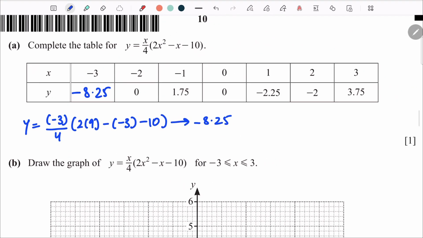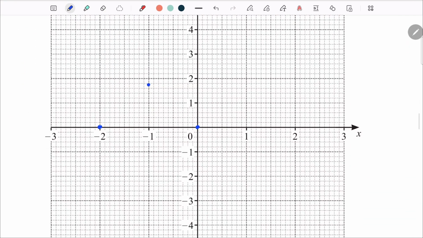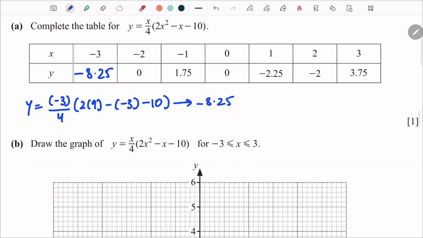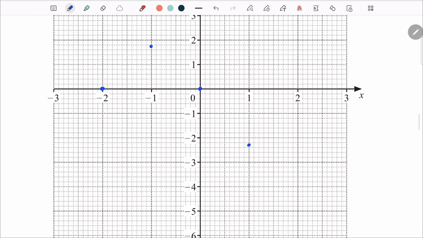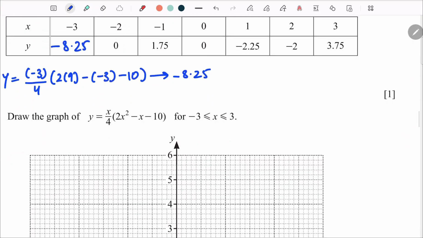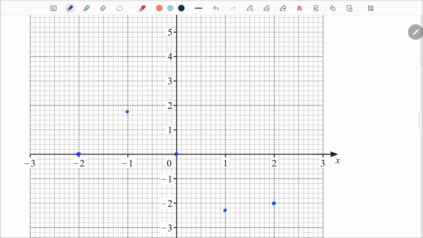And after that we have 1 and negative 2.25. Then 2 and negative 2, which is going to be right over here. And the last value is 3 and 3.75. So 3 and 3.2, 3.4, 3.6, 3.75 is going to be here.